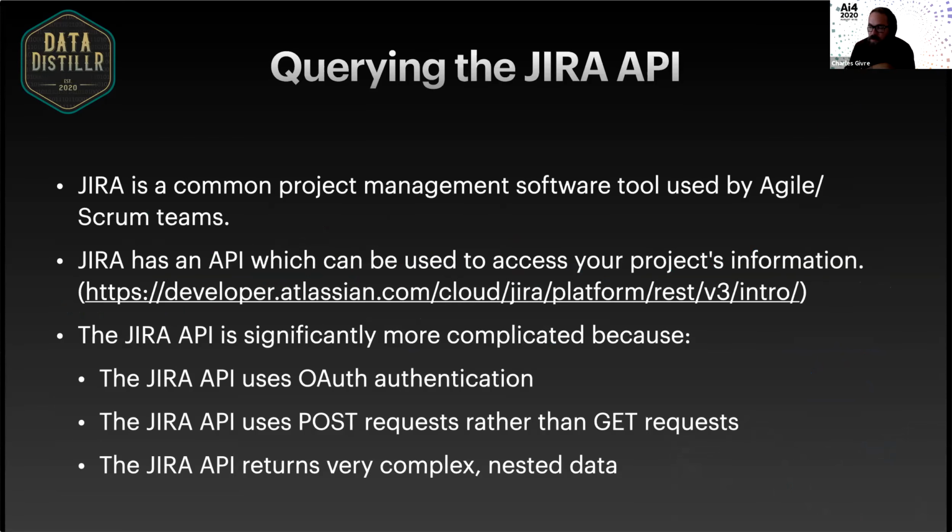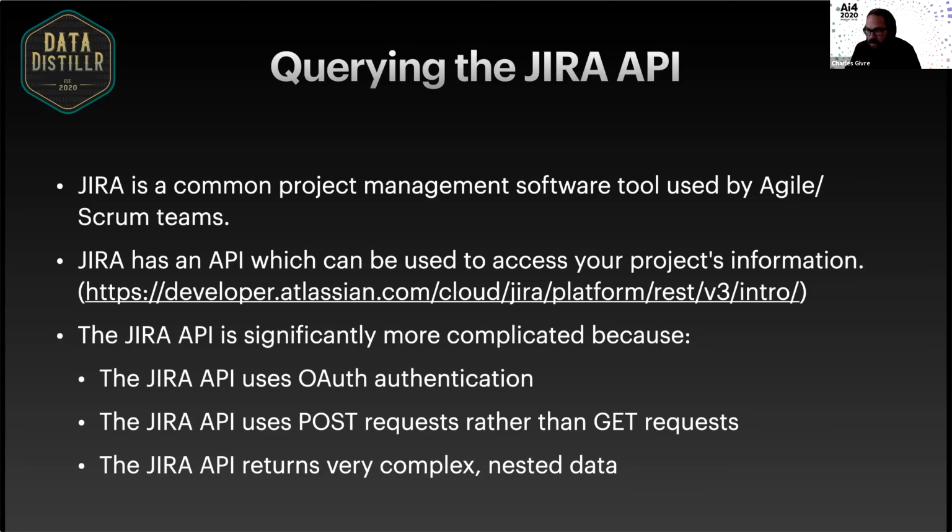Jira does have an API that you can access your project's information. What I've found is that while Jira is a great tool, oftentimes it can be difficult to extract certain types of reports from Jira that upper management might want, especially management that's not familiar with agile methodologies. So this is kind of why I was interested in doing this.